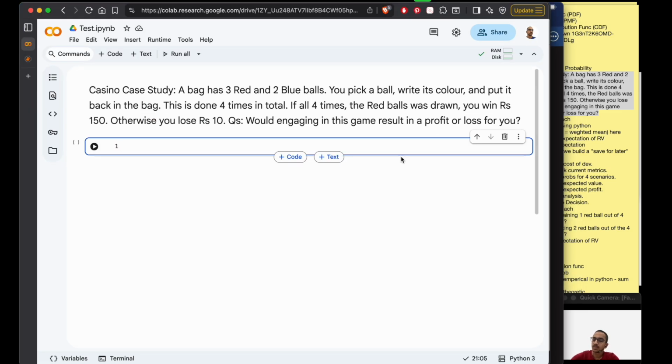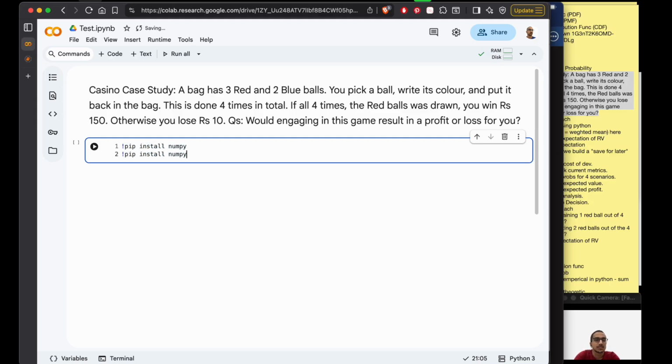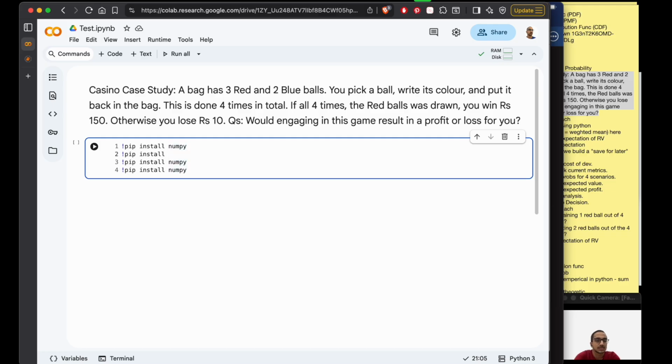So with that in mind, let's try to simulate this using Python. Let me install numpy. This is again standard procedure, just to be clear. Install, just to be sure, pandas, matplotlib.pyplot.